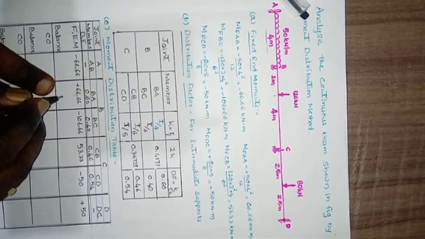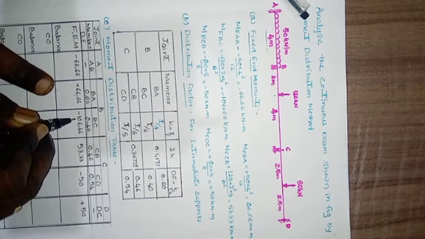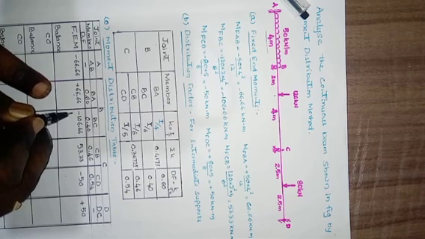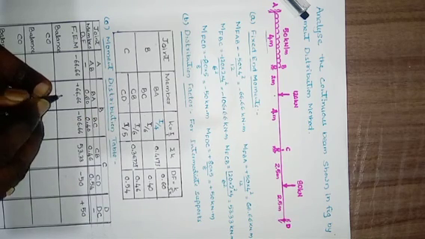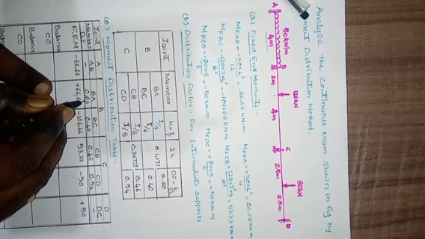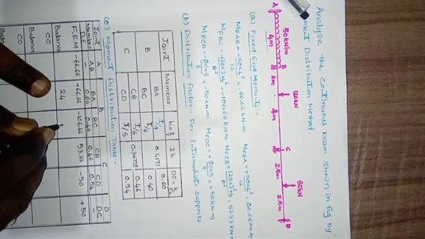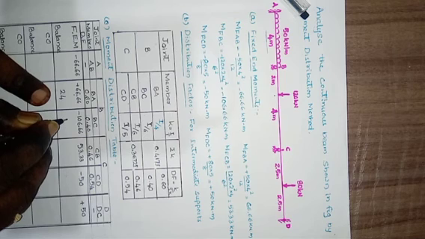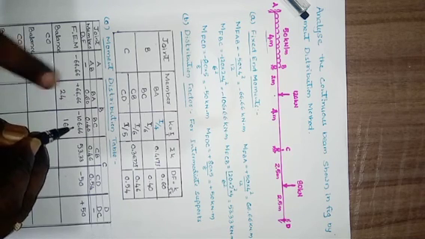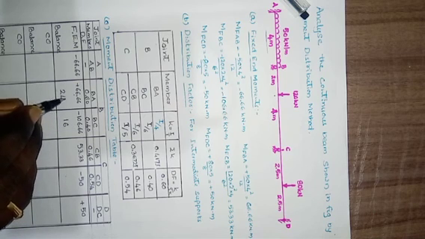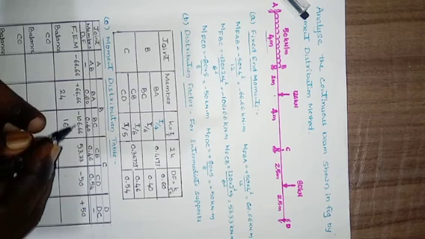Here the summation is minus, so we have to add plus 50 in the proportion of 0.6 and 0.4. 50 into 0.6 is 30, and 50 into 0.4 is 20.